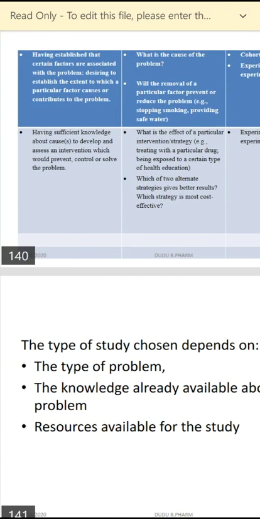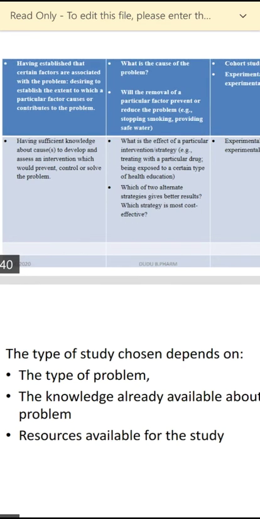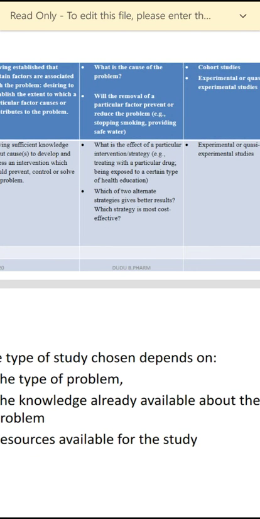Another one is having sufficient knowledge about causes to develop and assess an intervention which would prevent, control, or solve the problem. What is the effect of a particular intervention or strategy? Example, being treated with a particular drug, being exposed to a certain type of health education. Which of two alternate strategies gives a better result?